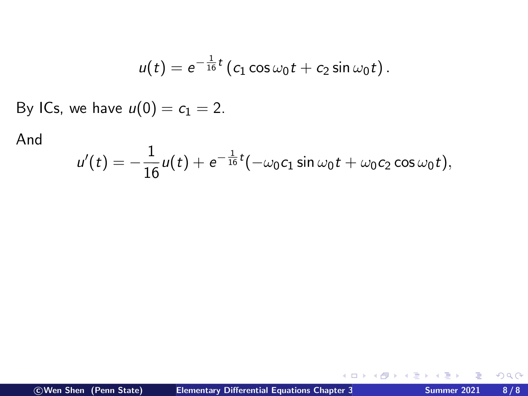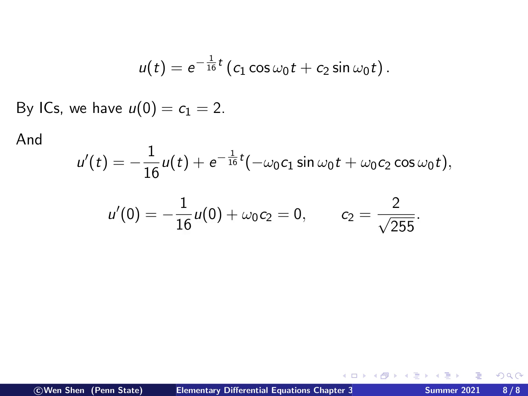And then plus, we keep the exponential function, and then we differentiate the sine and cosine. So the derivative of cosine gives me negative sine, and I carry omega naught out as a constant. And then differentiating sine, you get cosine, and then you have omega naught in the front.